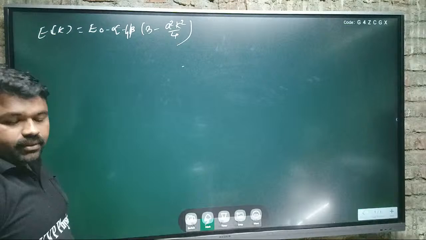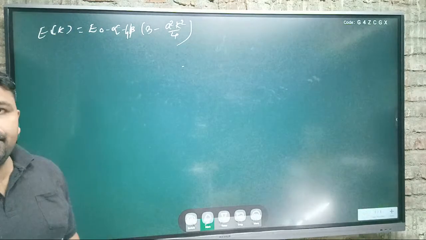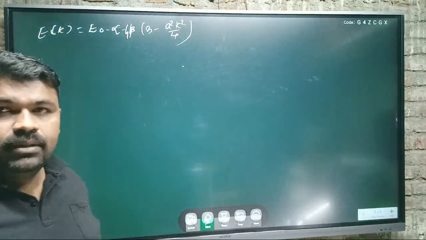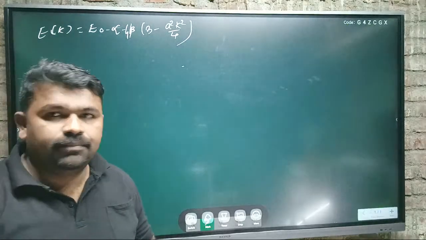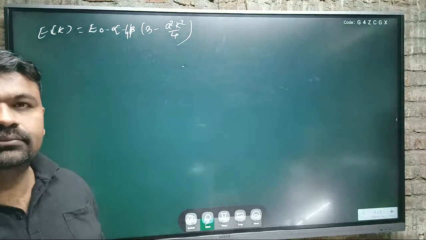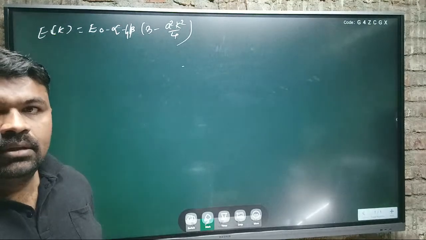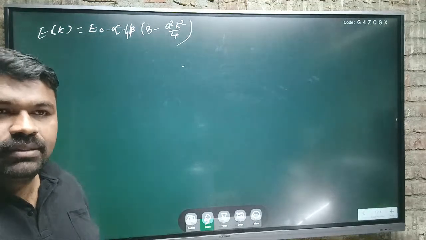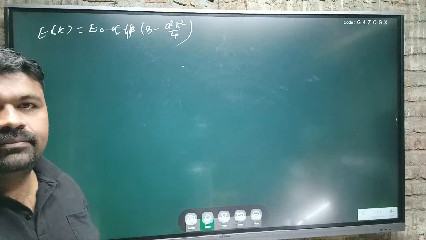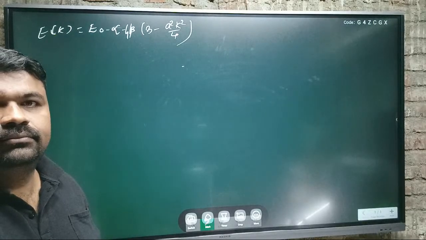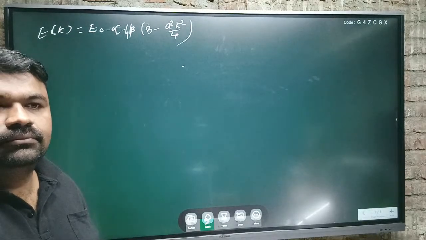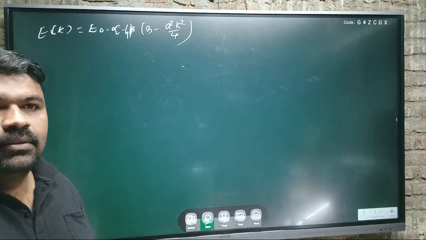This is the energy function for, this is the tight binding approximation for which system? Simple cubic, BCC, FCC. This is the tight binding approximation for simple cubic, BCC, FCC. Which system?